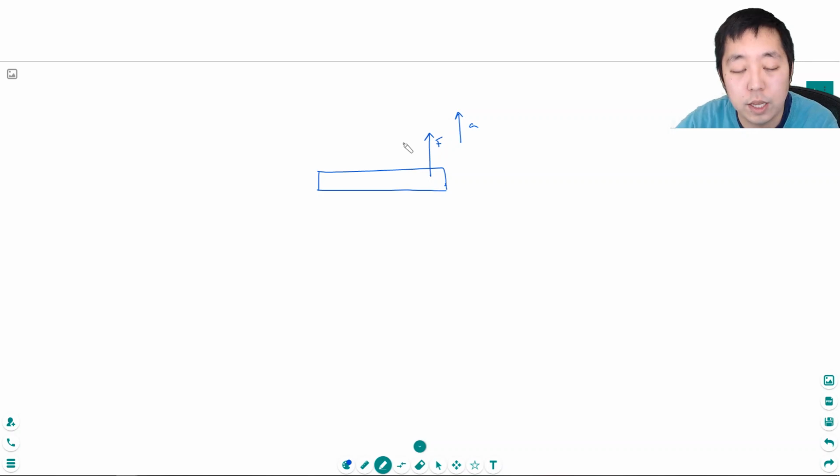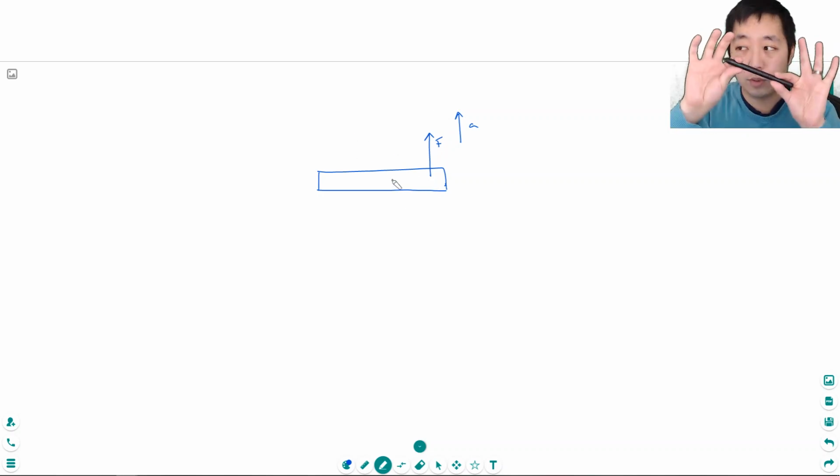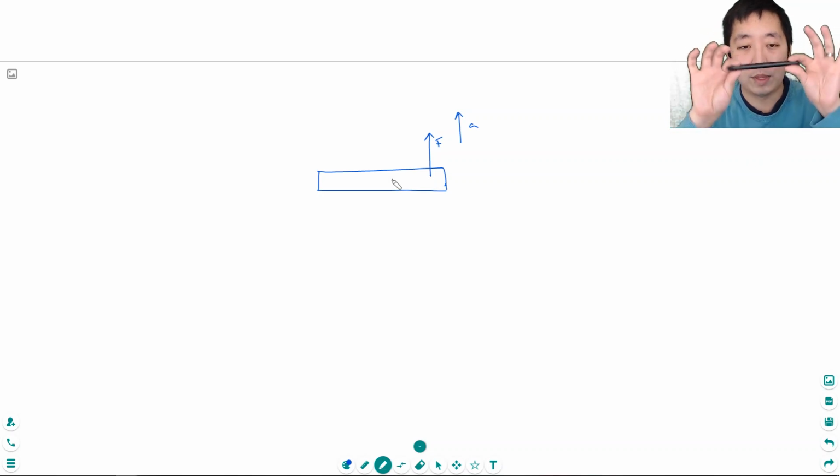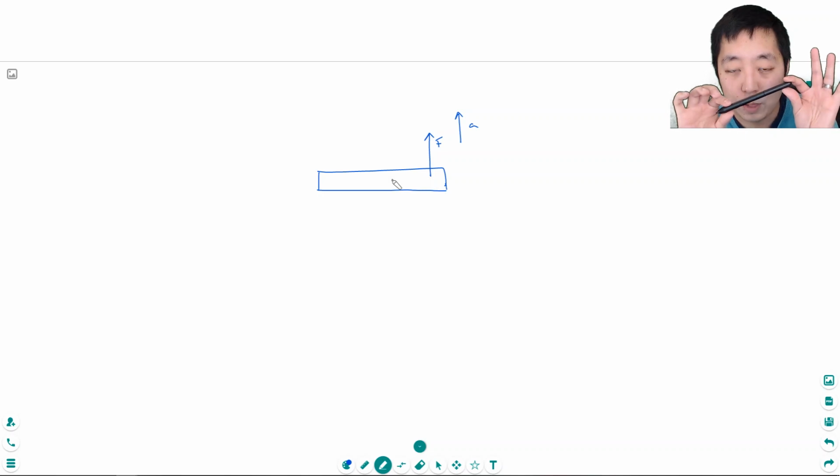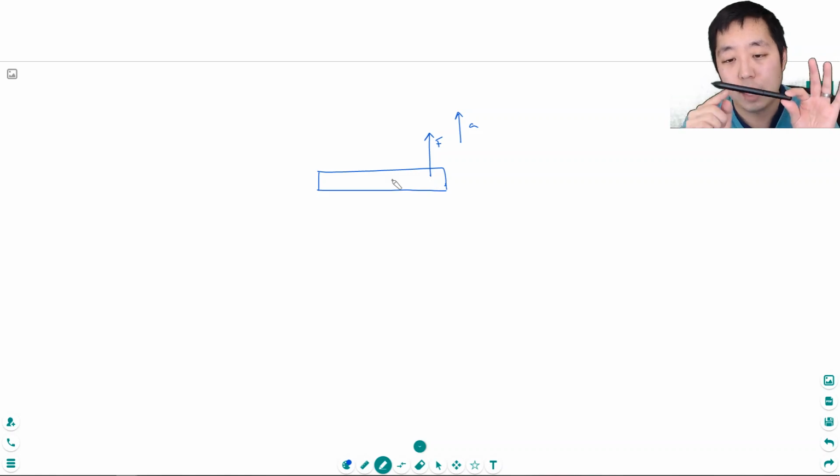But it would also turn while it was doing it. It would tend to turn this way. Hopefully that's right. Maybe this way from your perspective. Kind of depends. My camera is maybe a little bit backwards. But it will turn in that direction as you're pushing it.